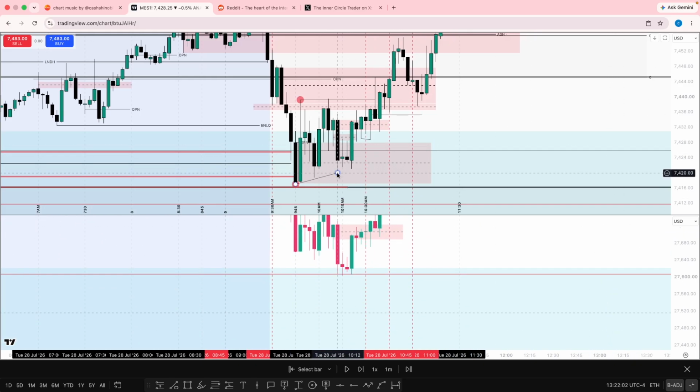So I could put the stop right here because there's a SMT forming right here and right here. How about that? That's a SMT, right? And that's a SMT. So once this crosses right here, all the buys right here.